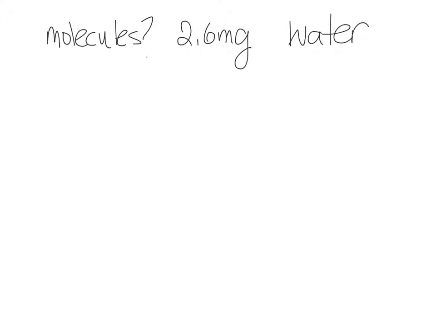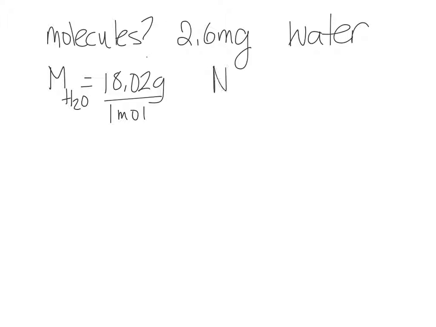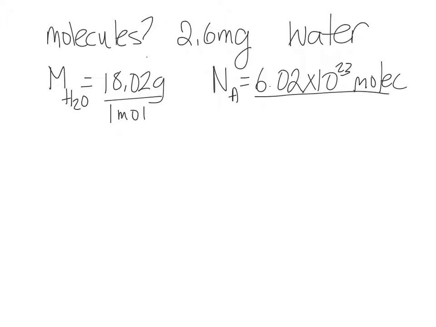How many molecules in 2.6 milligrams of water? The molar mass of water is 18.02 grams for every 1 mole. Avogadro's number, we're talking about water, so its units are particles. So we know this information.